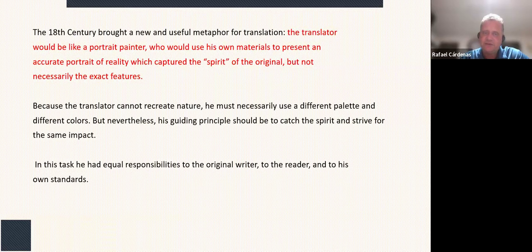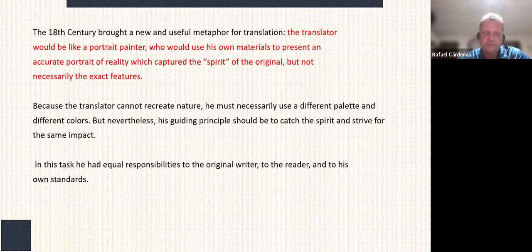The translator cannot recreate nature. He must necessarily use a different palette and different colors, right? So his guiding principle should be to catch the spirit and strive for the same impact, okay? So a translator has a similar and equal responsibility to the original writer, to the reader, and to his standards.